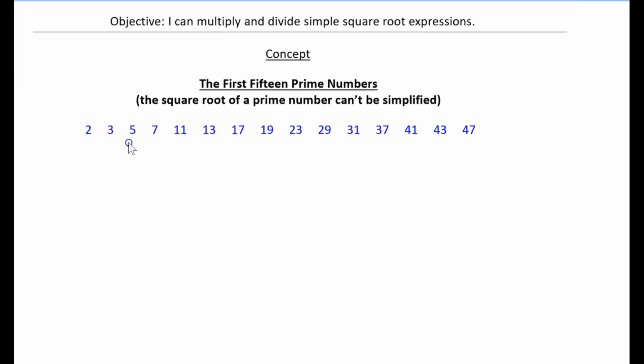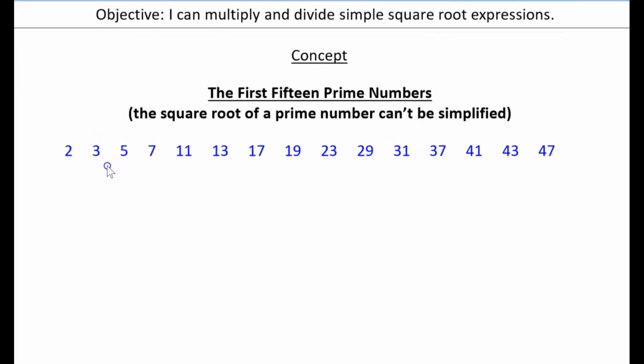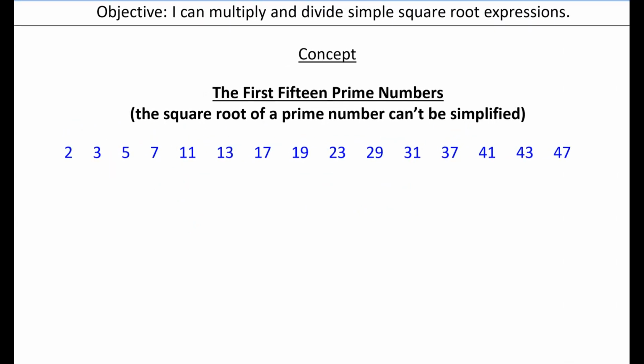Now, that idea that I can square a number, right? It's a number times itself. What about this idea of prime numbers? A prime number is a number that can only be divided by itself and 1. So those are the only factors of these numbers, right?